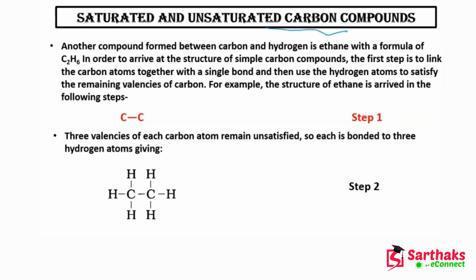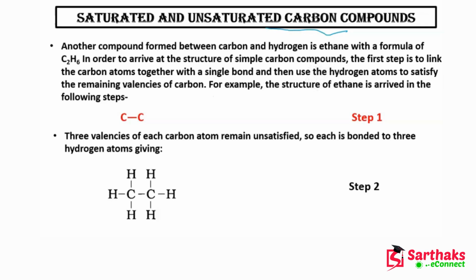To understand this term, let's talk about a compound with the formula C2H6. This is known as ethane. We will talk about the nomenclature in the upcoming lectures.